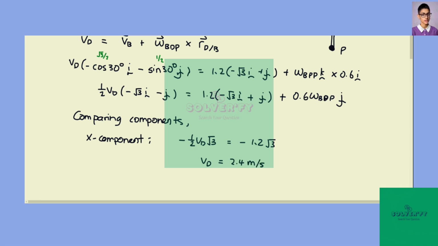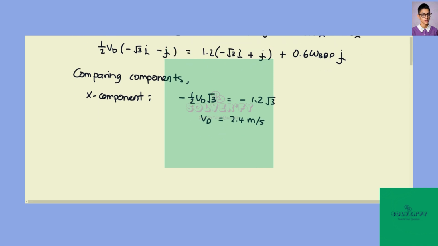Then for the y component, we have minus half VD is equal to 1.2 plus 0.6 omega BDP.